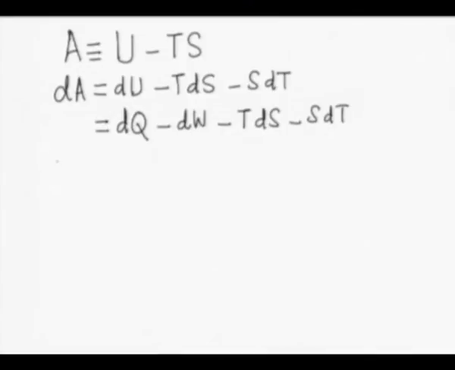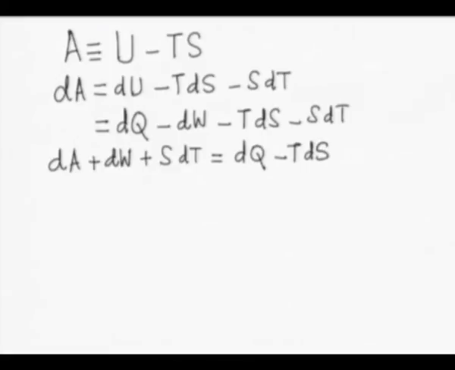Now I will rewrite this as dA plus dw plus SdT on one side, and I will get here dq minus TdS. Remember, here I have replaced dU by dq minus dw, so where I have used the first law.